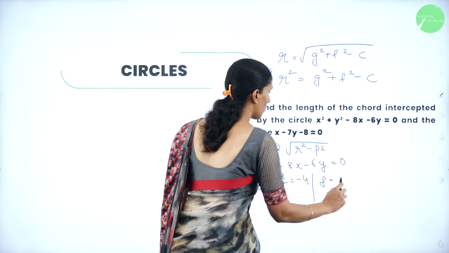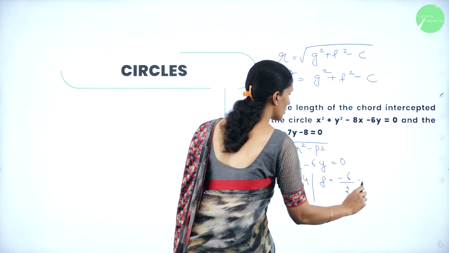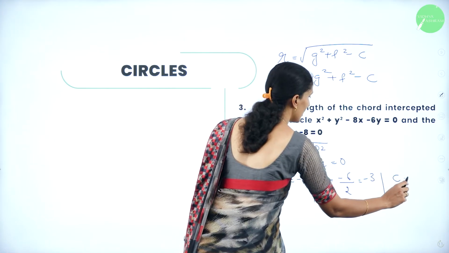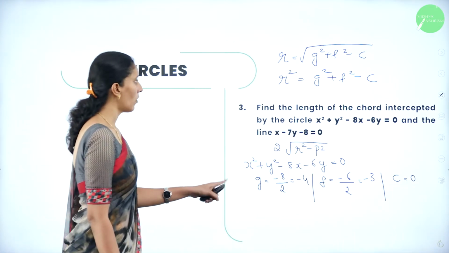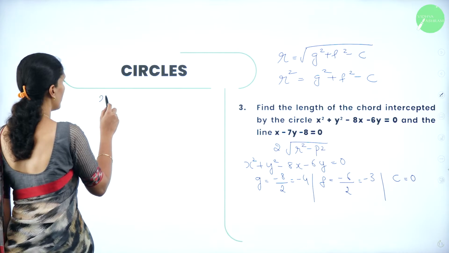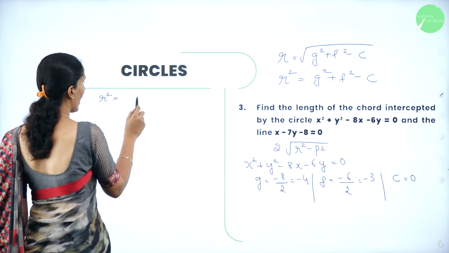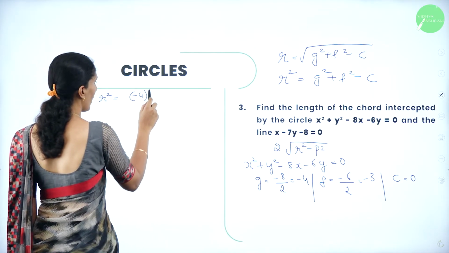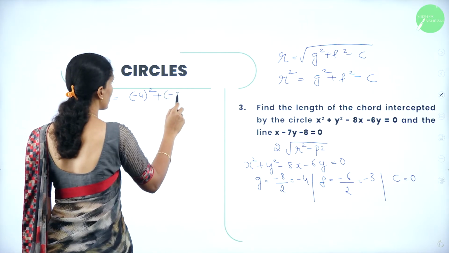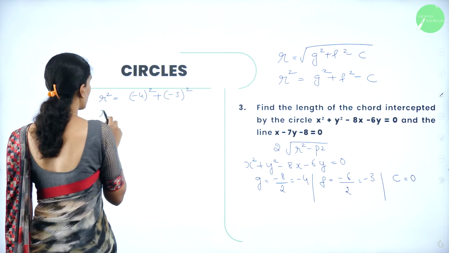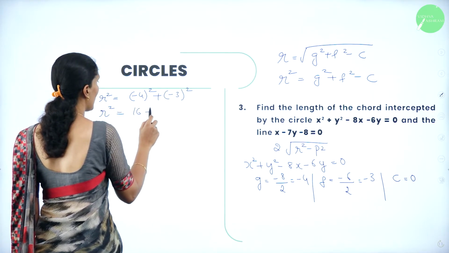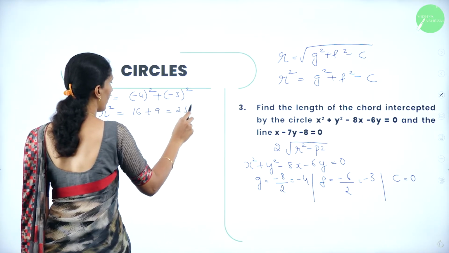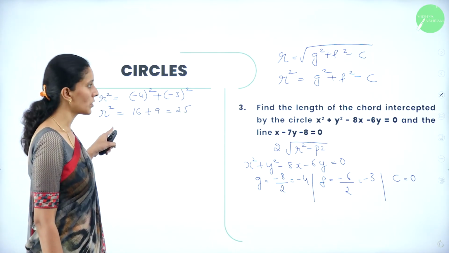Next, f is equal to minus 6 by 2, which is minus 3, and c is 0. So, therefore, r square here is minus 4 whole square plus minus 3 whole square. So, r square is equal to 16 plus 9, which is equal to 25. So, therefore, r square is 25.